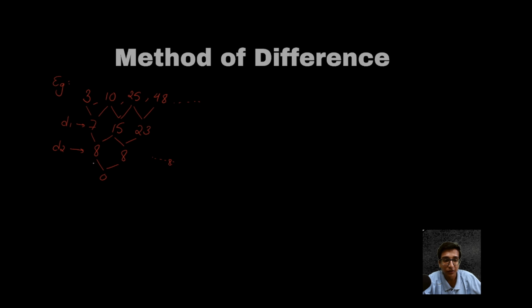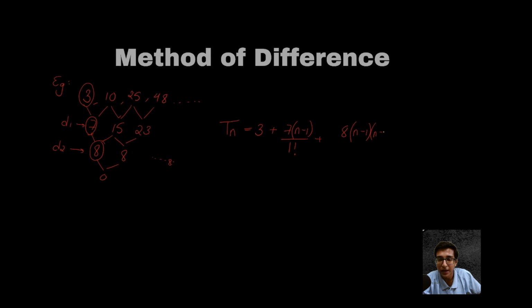So there is a method of finding the nth term of this series; there is a formula. You just have to look at the first terms of all these three series that have been formed. 3 would be written as 3, plus 7 would be written as n minus 1 upon 1 factorial, plus 8 would be written as n minus 1 into n minus 2 upon 2 factorial.